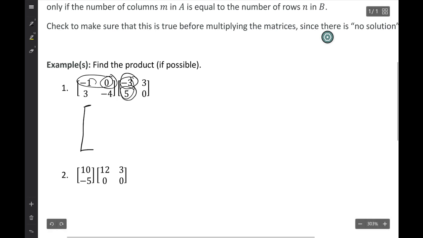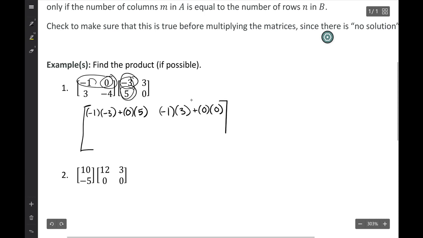So this matrix multiplication here would be -1 times -3 plus 0 times 5. The next entry would be -1 times 3 plus 0 times 0.